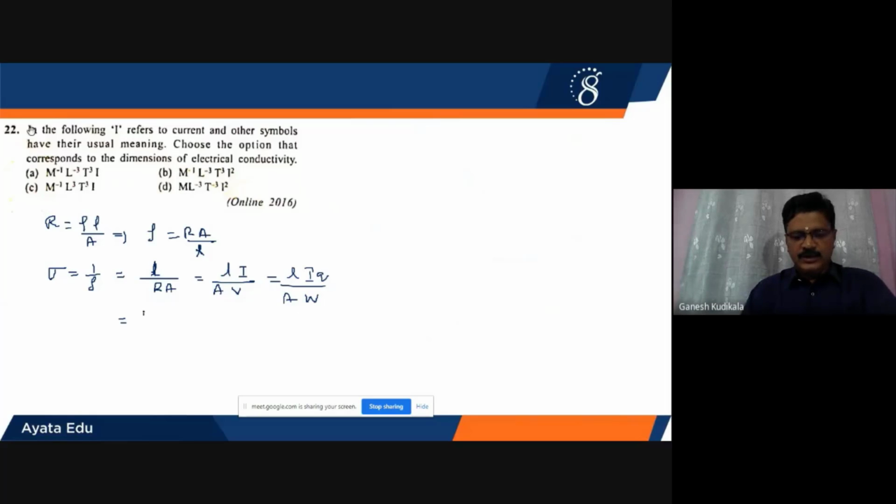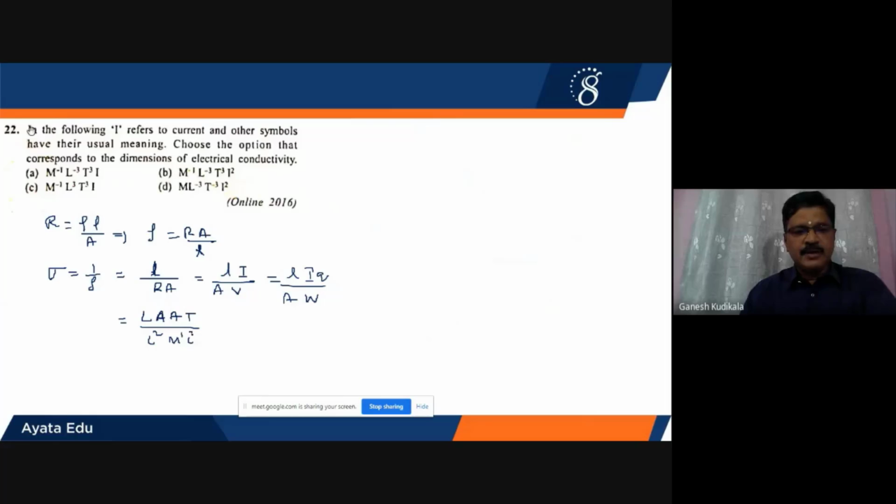L is length only. I is current, and charge is current into time. So here you get current into time divided by area L square, and work done.